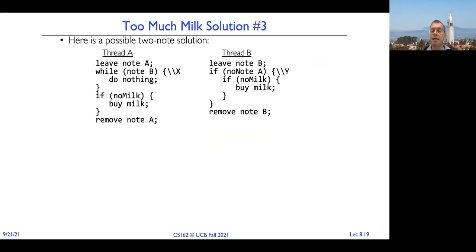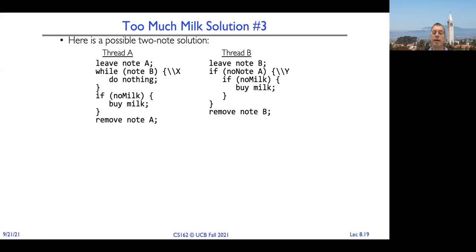So now finally, here is solution 3. There are 2 notes, but notice thread A has a while. A while is basically a waiting instruction, because you wait for the note B. If there is a note B, then you wait until the note B is removed.